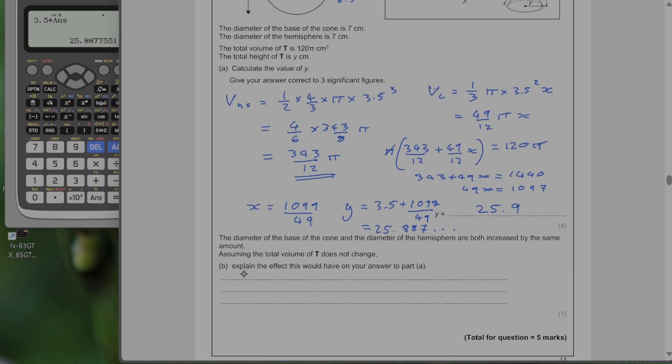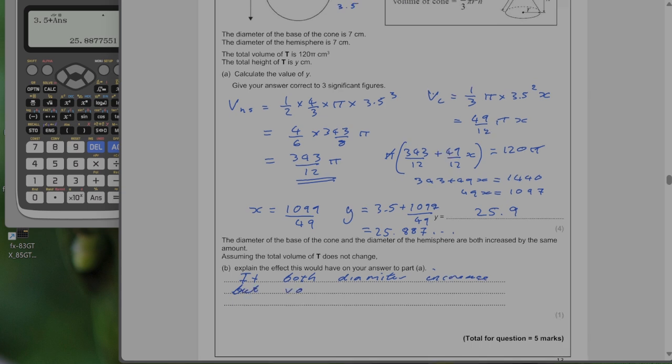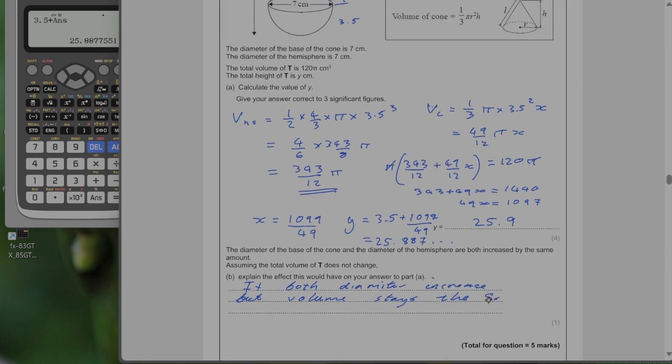So if both diameters increase, but volume stays the same, y must decrease.